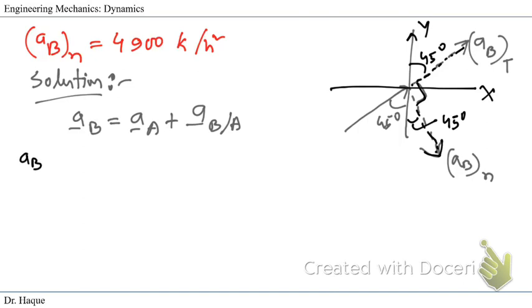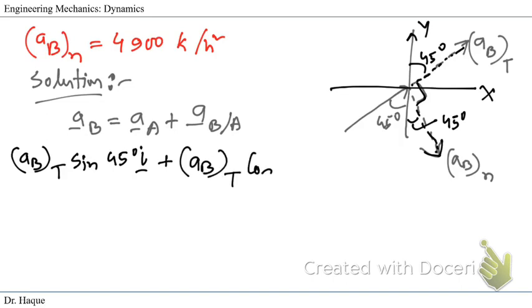We will have AB tangential sine 45 in the I direction, plus AB tangential component cos 45 degree in the J direction. So both are positive because we're working on this part, so both components x and y are in the positive direction.